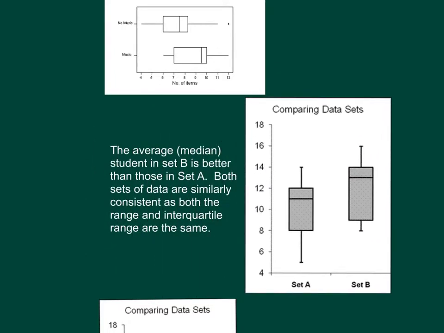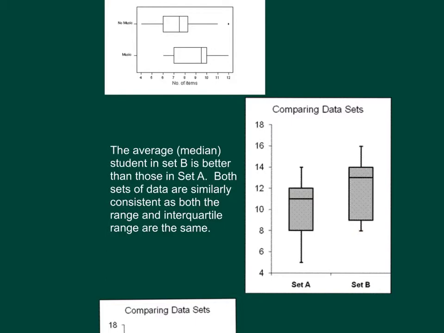It says the average, brackets median, student in set B is better than the average student in set A. That's because the median mark, the middle of your box and whisker, is higher. That's 1 mark. I then said both sets of data are similarly consistent as both the range and interquartile range are the same. So this distance here is very similar to that distance. This range distance is very similar to that range distance.